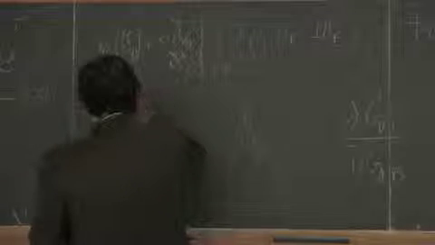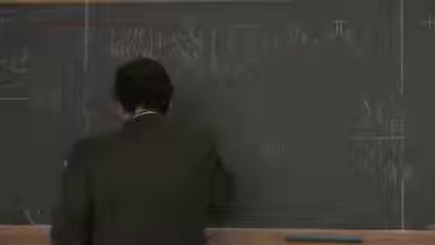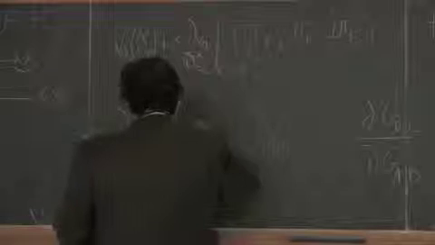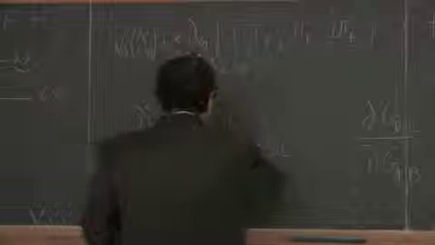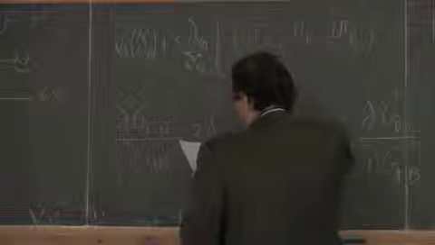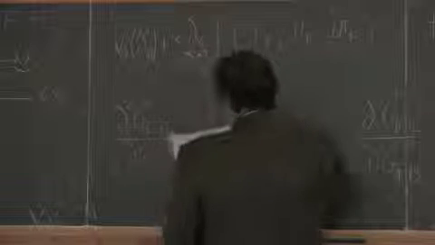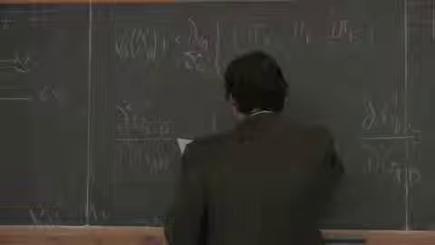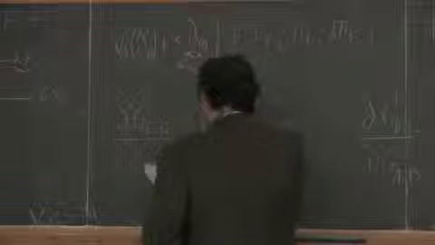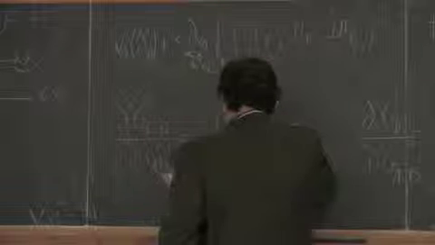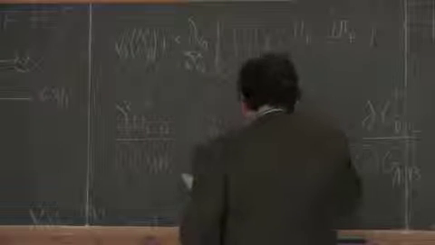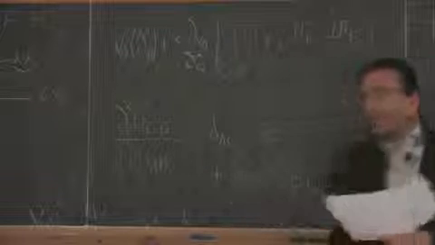dG square CD equal dGAB is equal to 2 times delta AC, okay, delta AC, GBD plus delta AD, GBC, okay?